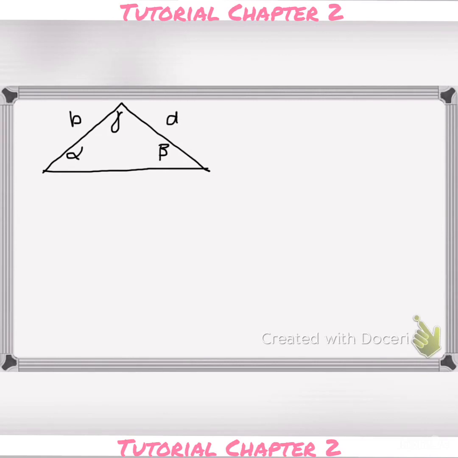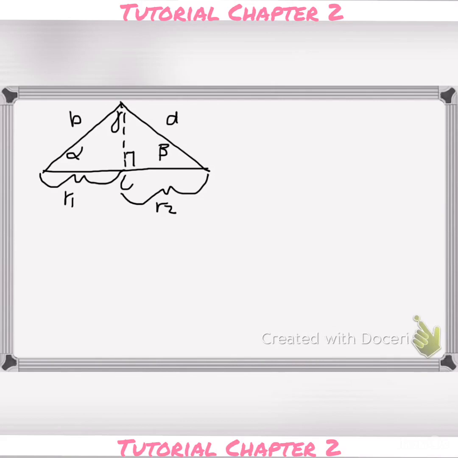Okay, so what I'm going to do is draw a line from this point and drop it straight down to this horizontal line here, at 90 degrees. And then I'm going to divide C into two parts, R1 and R2.